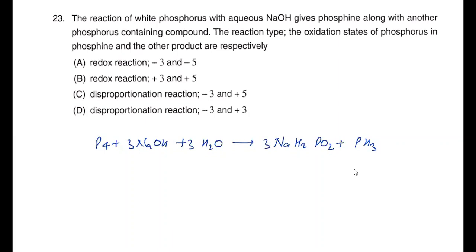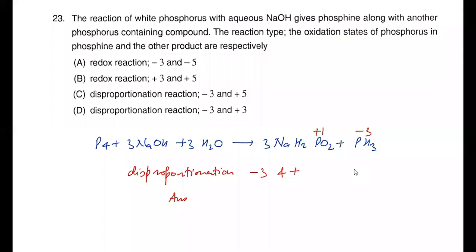Now if you check the oxidation state of phosphorus, it is +1 and -3, and this reaction is disproportionation. So as per the given question, our answer must be disproportionation, and oxidation states of phosphorus are -3 and +1.